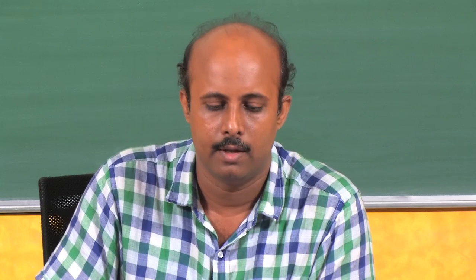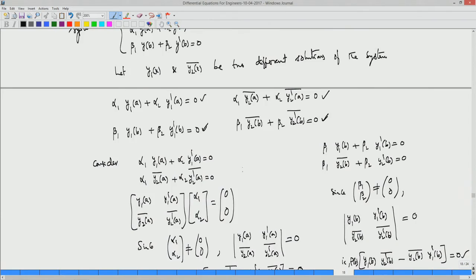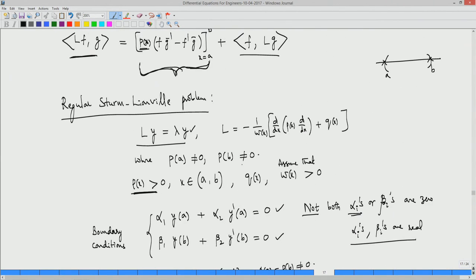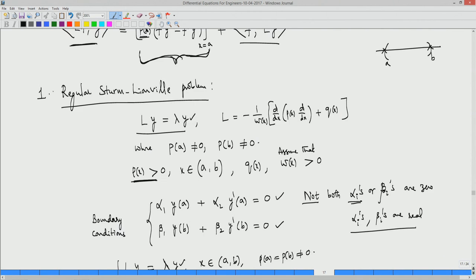That is where these Sturm-Liouville problems are useful. Also, you can see that you can get different Fourier series out of this Sturm-Liouville theory. Okay. So this is only case 1 which you have seen, the regular Sturm-Liouville system. So this is type 1.